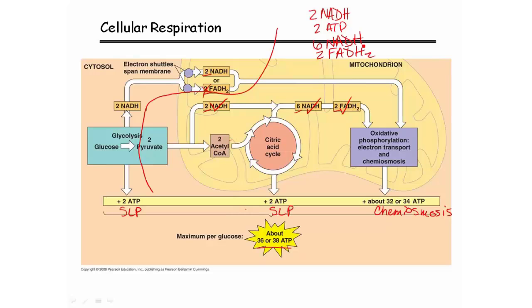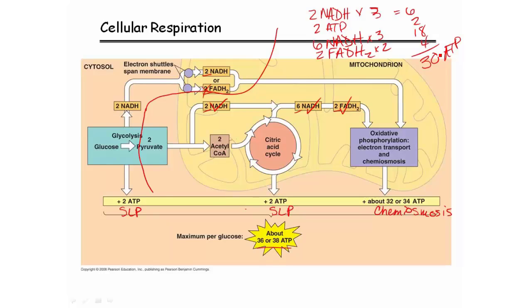Then if we want to know the total ATP amount, we take these and multiply them by 3 for the NADHs and by 2 for our FADH2s. So we end up with 6 and 2 and 18 and another 4. Okay, so we should end up with 30 ATPs for 2 pyruvates that we start with.